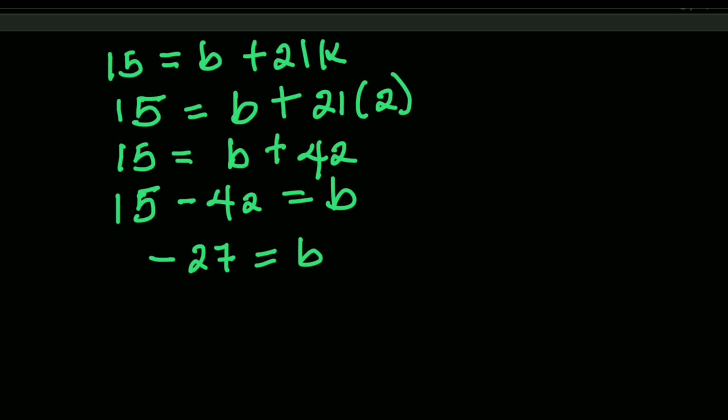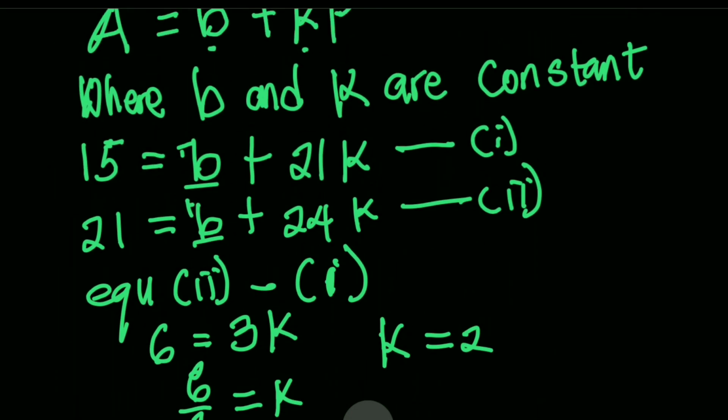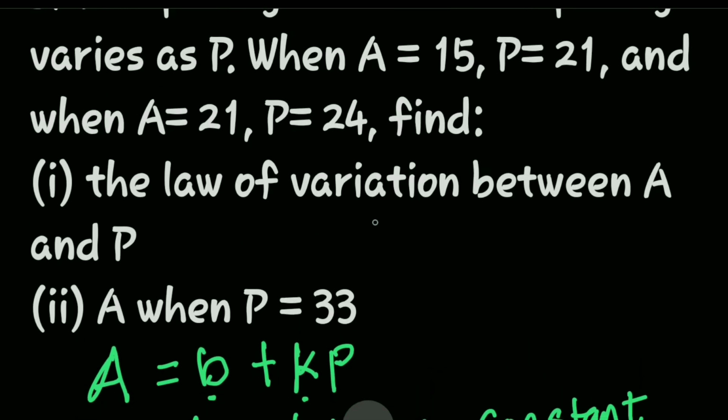So to answer the first question, we are told to write down the law of variation between A and P. So we say A equals, the value of B is minus 27, plus K. We get the value of K as 2.